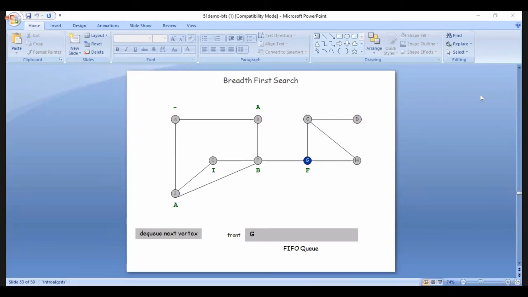How do we know means how many adjacent vertices are there? That many adjacent vertices should be stored. Like that we know.